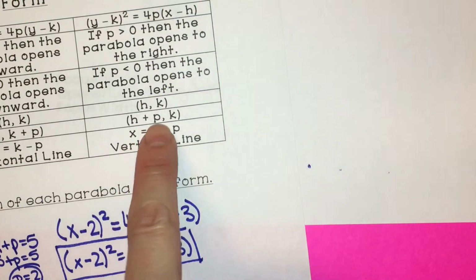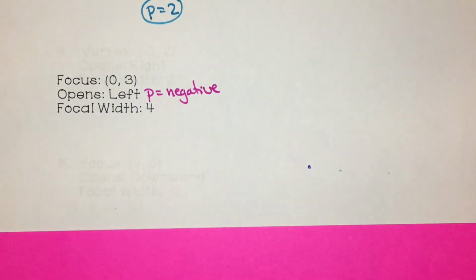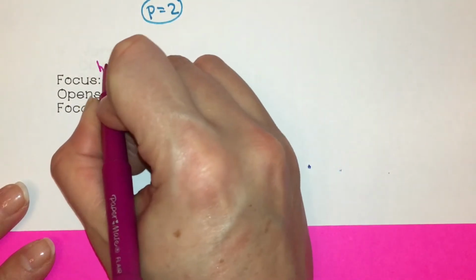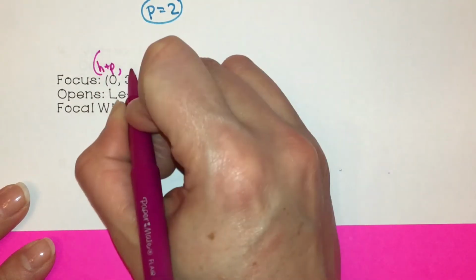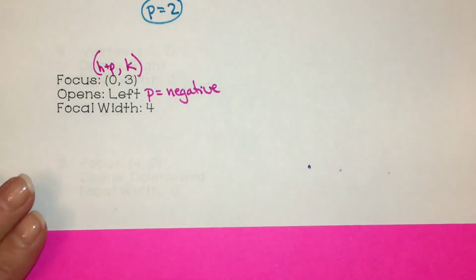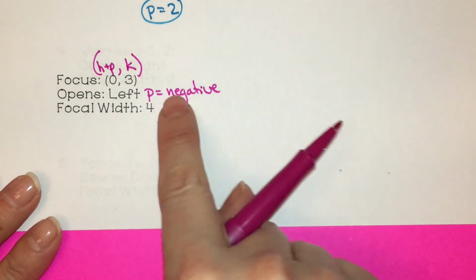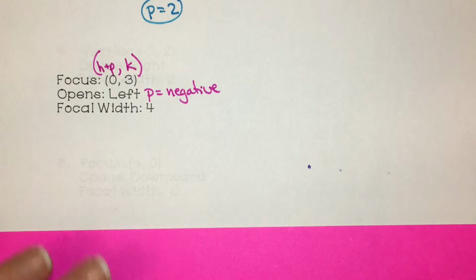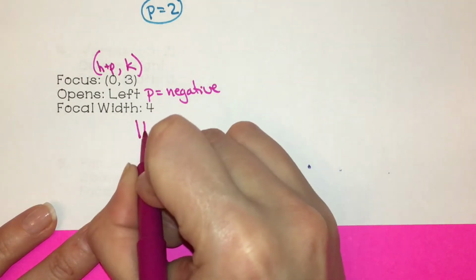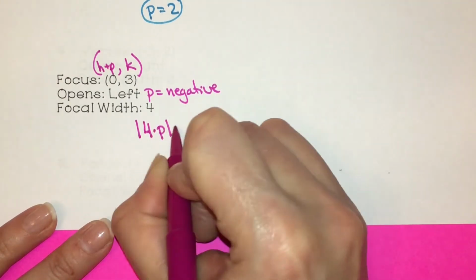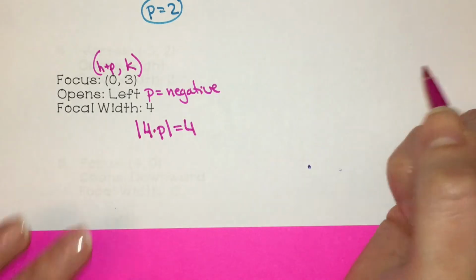Okay, and the focus in this form is H plus P comma K. So H plus P is equal to 0 and K is 3. Okay, so I know that P is negative. I'm going to ignore that for now. Focal width is absolute value of 4 times P, and that equals 4.